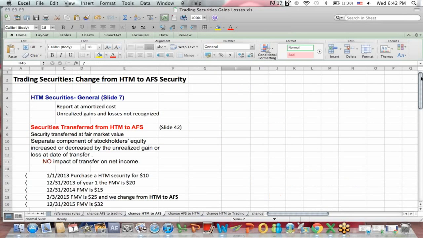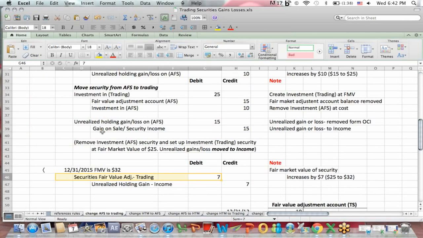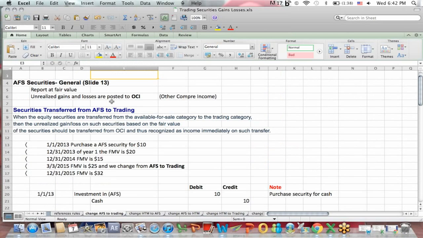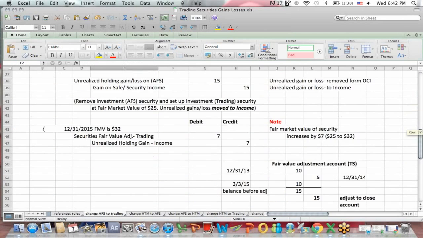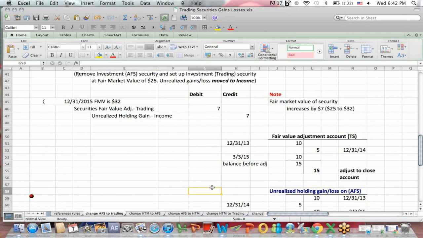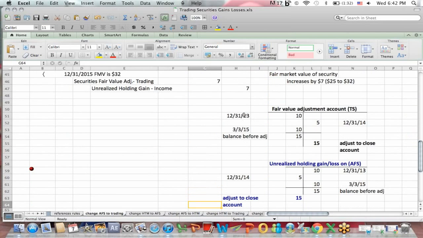So what we've done in this video is we did a change from a hold to maturity to an available for sale transaction. And we did, if I scroll to the top, an available for sale to a trading security example. And you'll notice one other thing at the bottom here. In order to keep these things straight, I set up T accounts for the fair market value adjustment account and for the unrealized holding gain account.